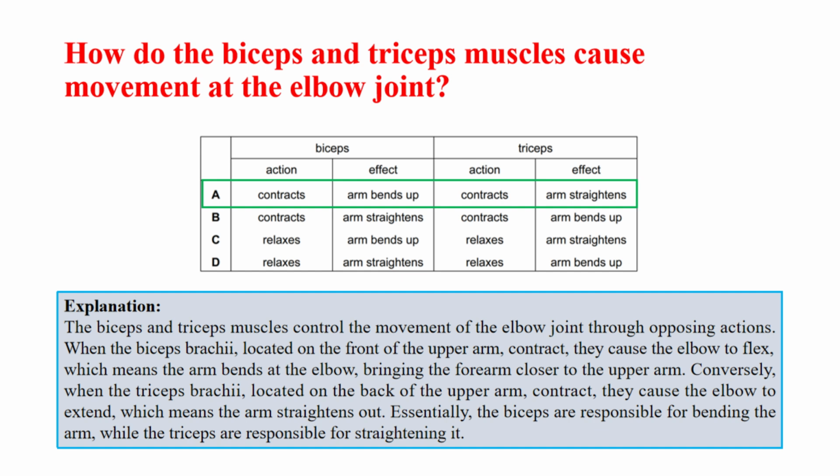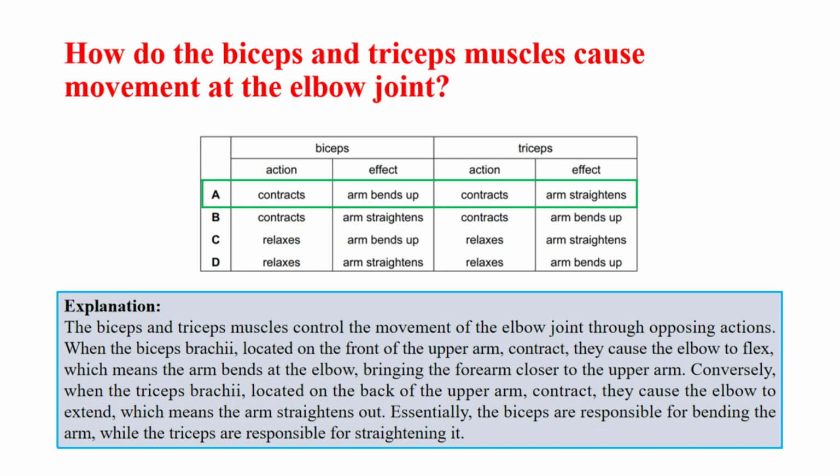B. Biceps contract, arm straightens, triceps contract, arm bends up. C. Biceps relax, arm bends up, triceps relax, arm straightens. D. Biceps relax, arm straightens, triceps relax, arm bends up. The correct answer is A. Biceps contract, arm bends up, triceps contract, arm straightens.